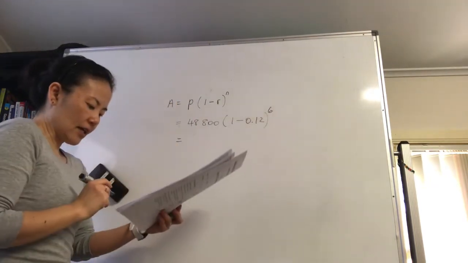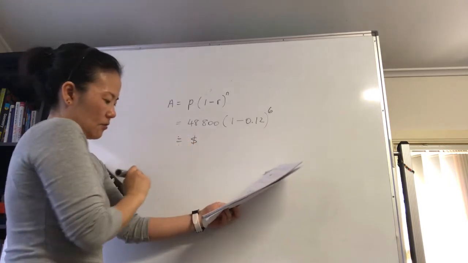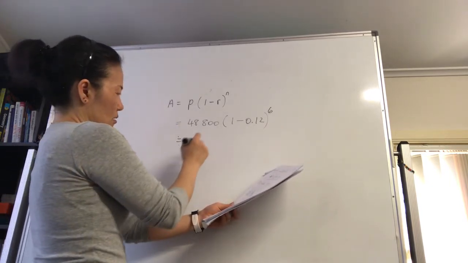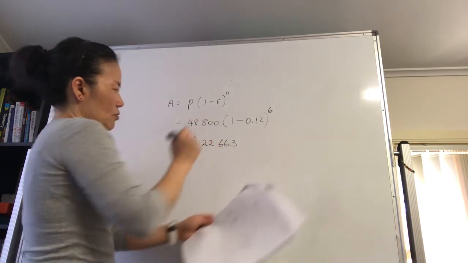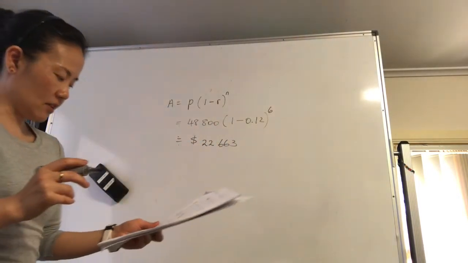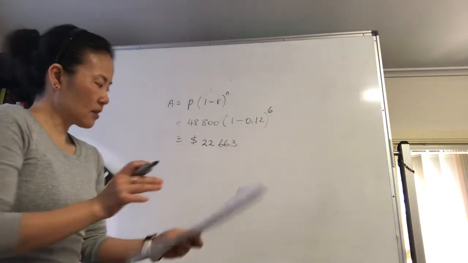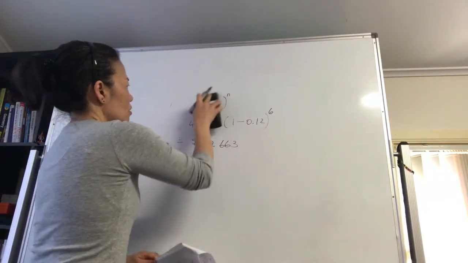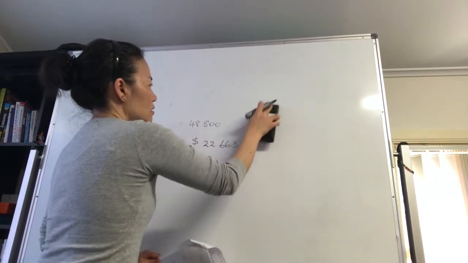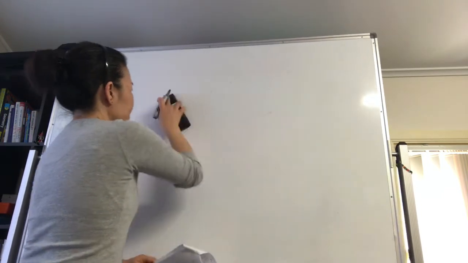So you put that in your calculator, and you will get, roughly to the nearest dollar, 22,663. Okay, that's how much it was sold for 6 years later. Not too bad. You got to ride for 6 years. I suppose that's okay.